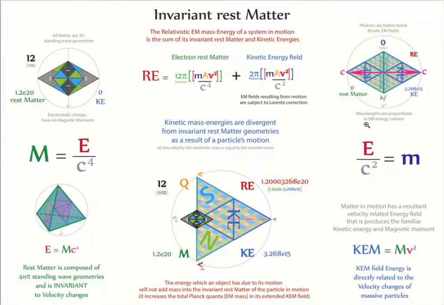So the mass energy of each charged fascia contributes as inertial mass in the case of three-dimensional matter particles in motion. Again, the mass energy is the inertial mass of the matter. It's a standing wave geometry, so it is invariant to Lorentz velocity changes or Lorentz correction factors. All the energy of force that is applied to a particle to accelerate it is stored within the chem field geometry.